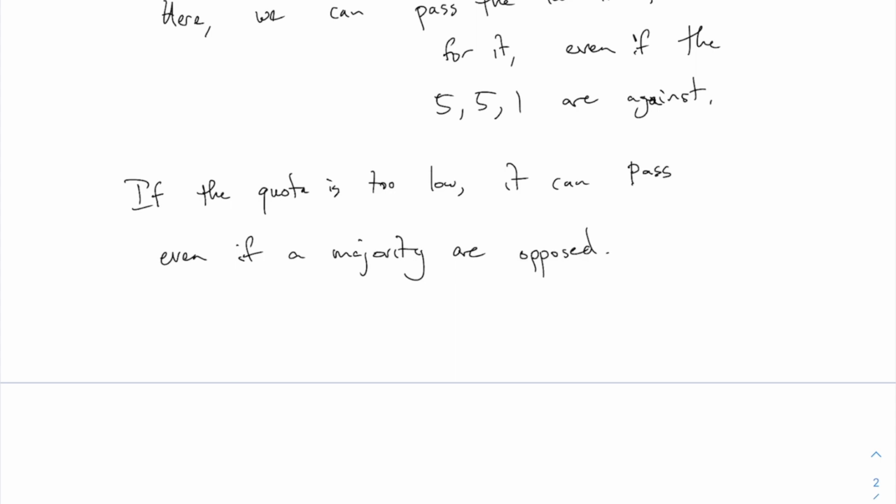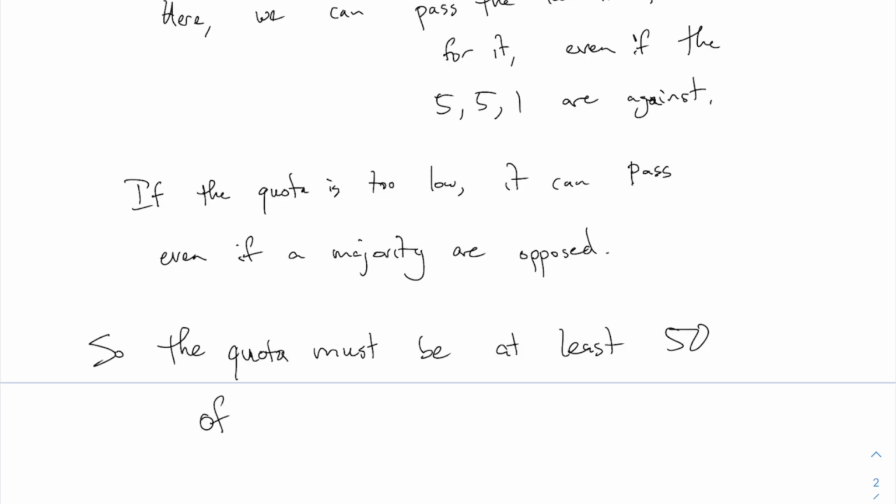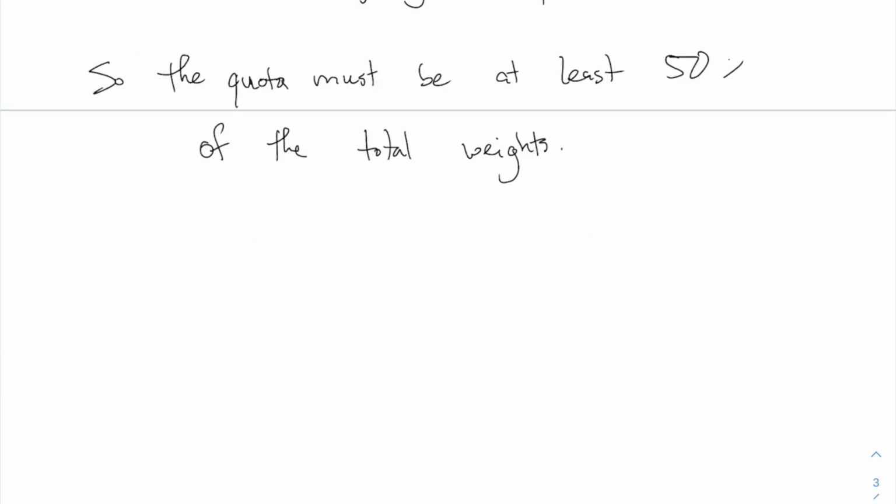So the rule for this one, like how low can the quota be then? We're going to require the quota must be at least 50% of the total weight in the system. All right? 50%, 1/2, right?